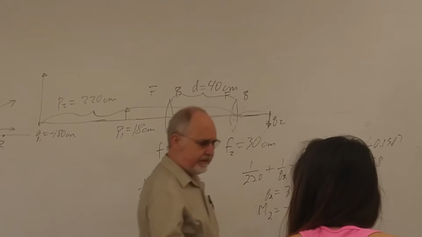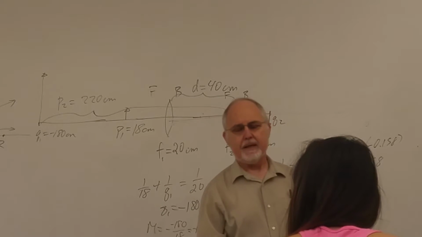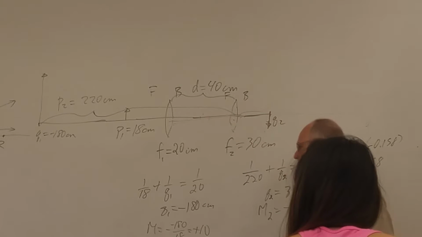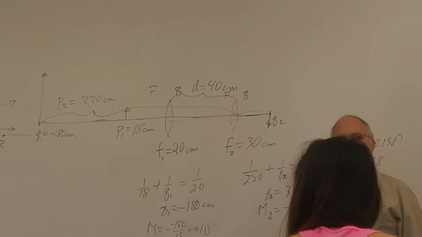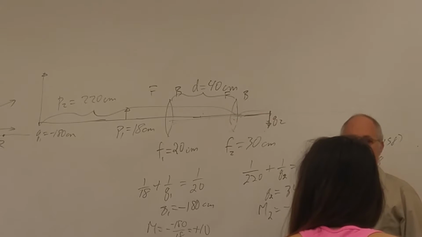I mentioned that there was an equation to calculate what the focal length of the lens is, depending on what the radius of curvatures of the different surfaces are that make up the lens.